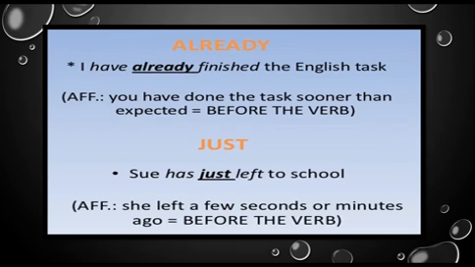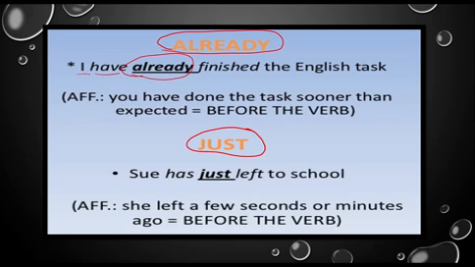Next, already and just. Already and just, okay? You have here the first example, and that is a sentence. I have already finished the English task. I have already, and then you have the verb in past participle.